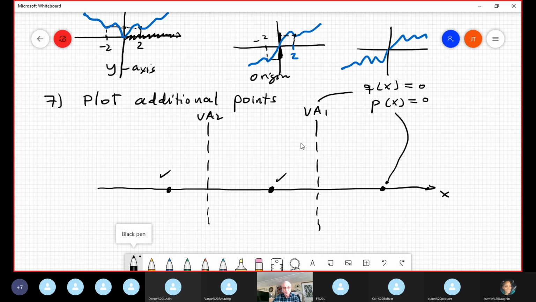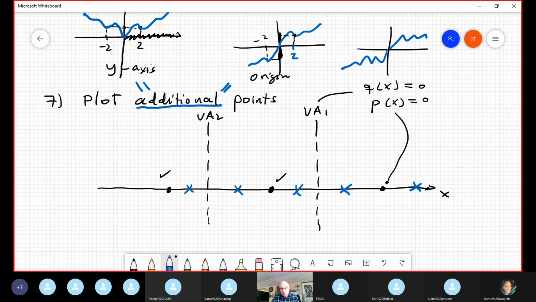How many additional points do you have to take? Well, in this specific problem, it's not too complicated. You take one here, totally arbitrary. You randomly select. After this intersecting point, you select in between the intersecting point and the vertical asymptote another point. You select between the vertical asymptote and the other intersecting point another point. You select here another point.